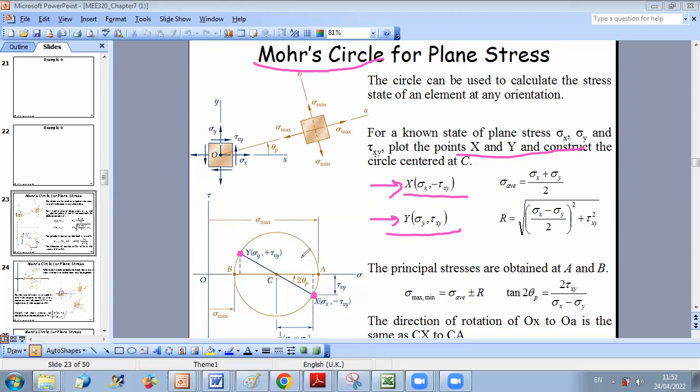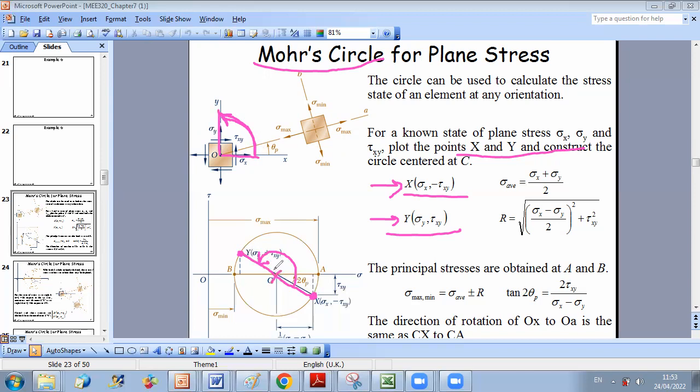We have seen together that if you rotate an angle theta, on the circle you construct you turn an angle 2 theta. So between x and y, the angle is 90, which means on Mohr circle the angle will be 180. So any 2 perpendicular axes would be represented on the Mohr circle by a diameter of the circle.